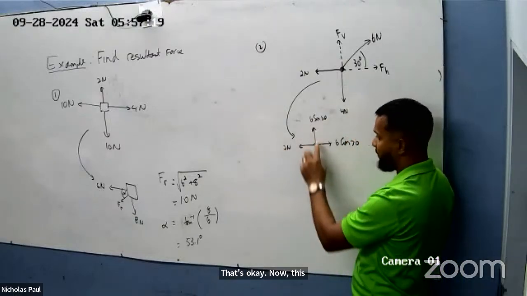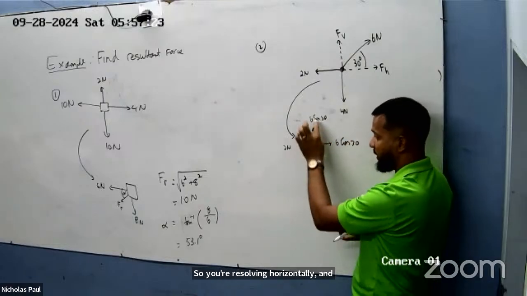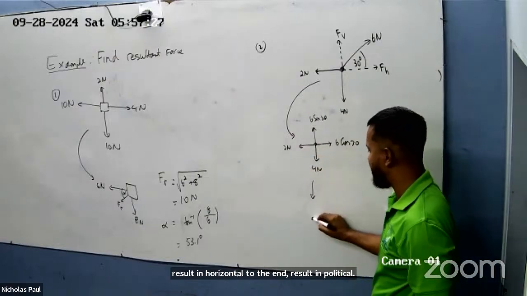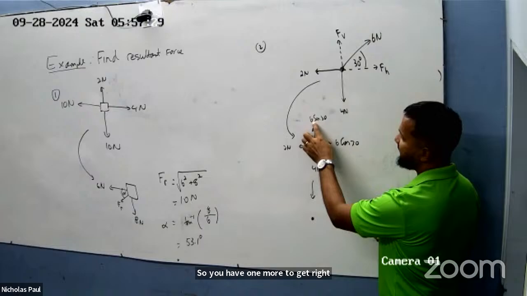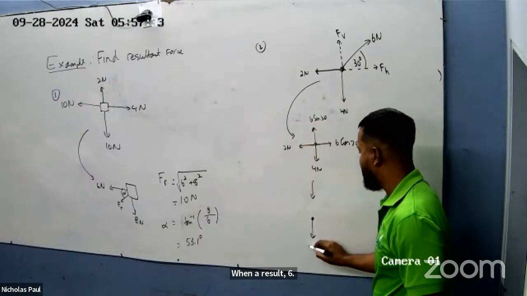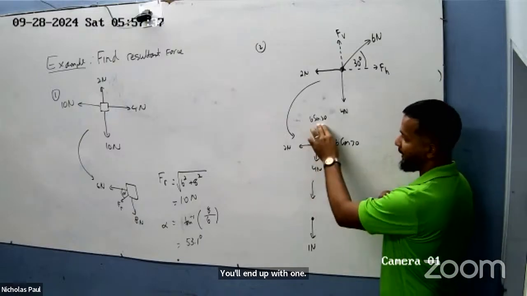So you're resolving horizontally and you're resolving vertically. So you have one more diagram to get, right? When you resolve 6 cos 30 and 4 vertically, you'll end up with 1 acting downwards. Okay, you'll get 4 minus this.